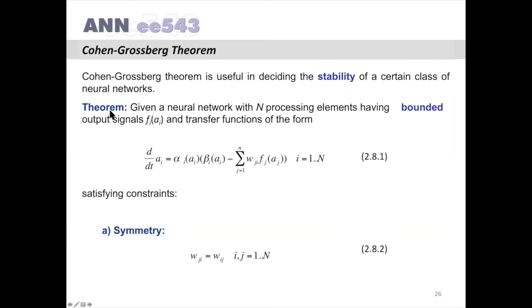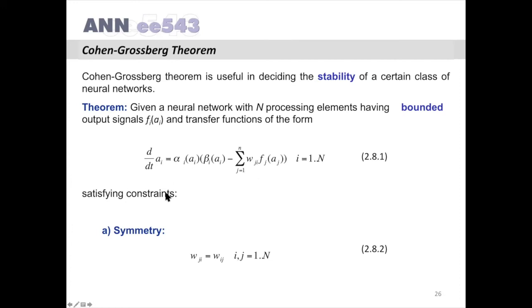The theorem is saying that given a neural network with n processing elements having bounded output signal f_i(a_i) and transfer function of the form, the change in the activation of the ith neuron is equal to alpha_i(a_i) and then in parentheses beta_i(a_i) minus summation j from 1 up to n w_ji f_j(a_j), i from 1 to n. So this is defining the dynamic of the network.